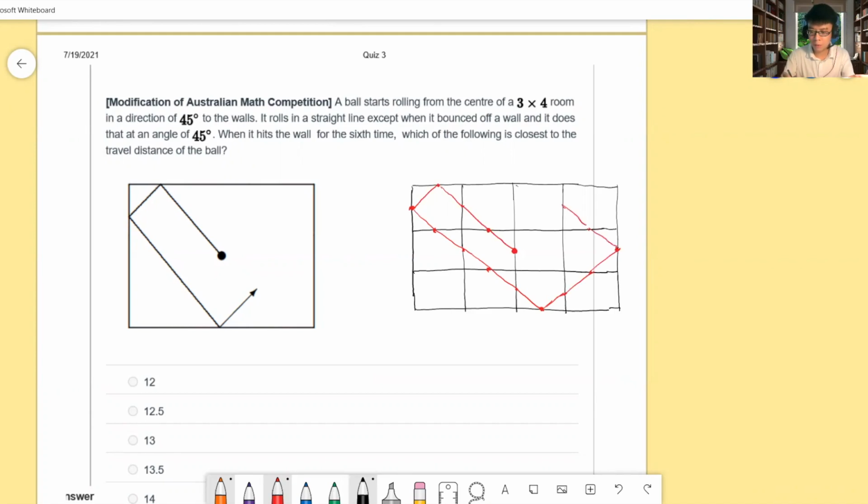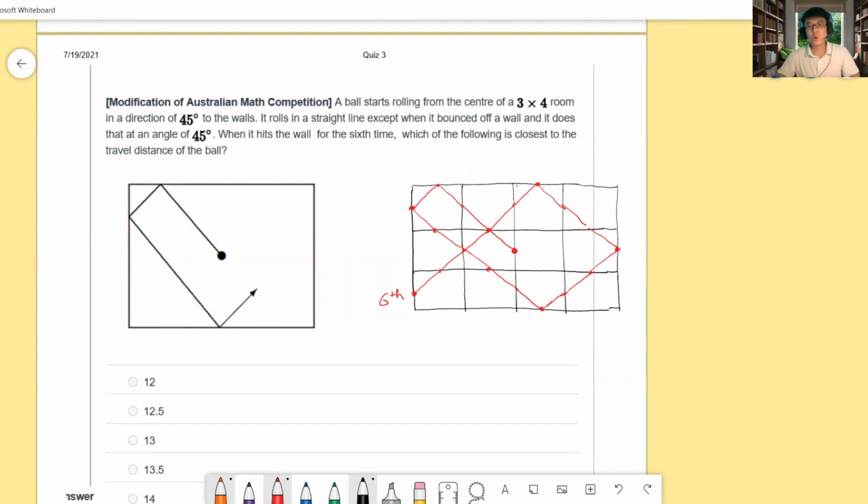Midpoint, midpoint. So now we have the fifth time it hit the wall, and we consider the next time. Midpoint, midpoint, midpoint, midpoint. Okay, this is the 6th time.